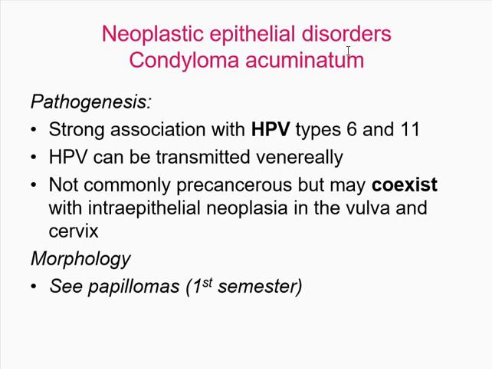These HPVs are transmitted sexually, and although condyloma acuminatum is not a precursor to cancer, sometimes HPV 6 and 11 are associated with HPVs of higher risk, and these are associated with malignancies. So condyloma acuminata reflects the risk of being infected with high-risk HPVs, leading to more severe neoplastic conditions.